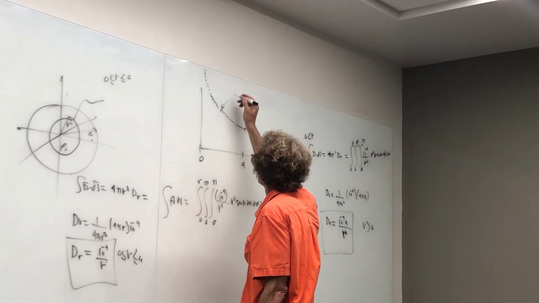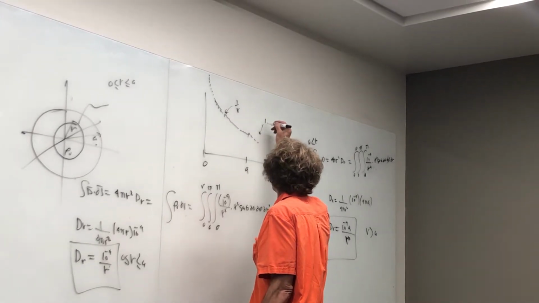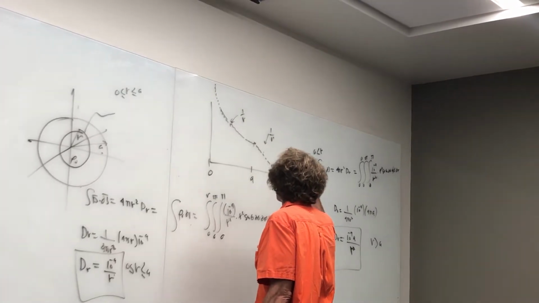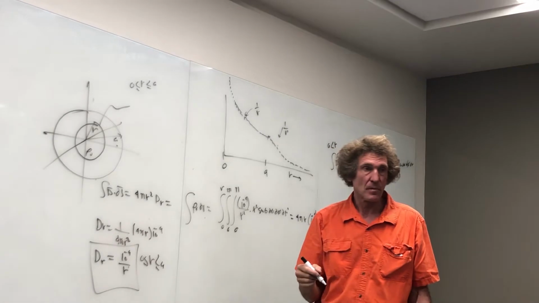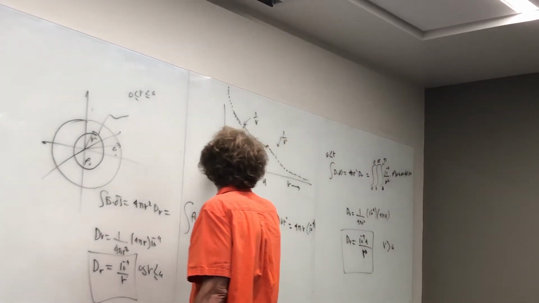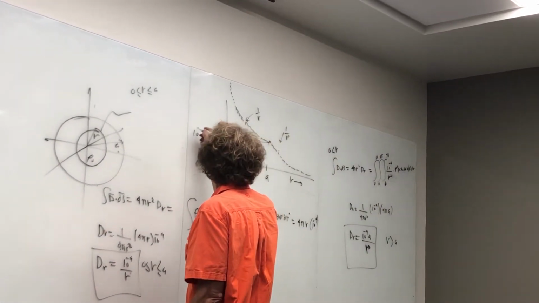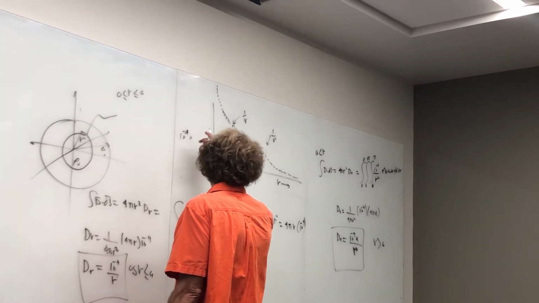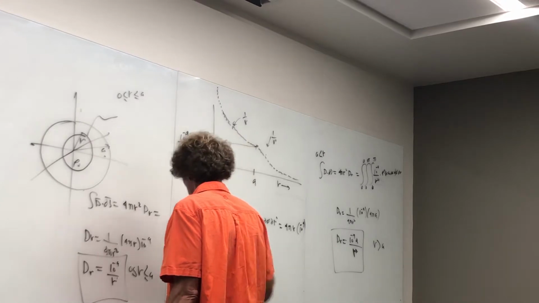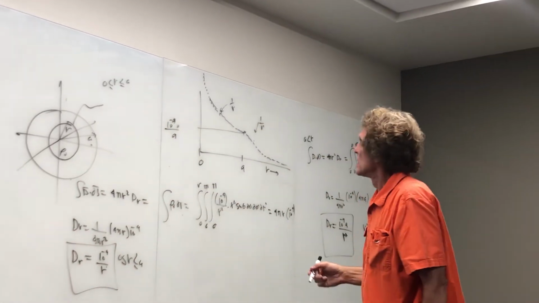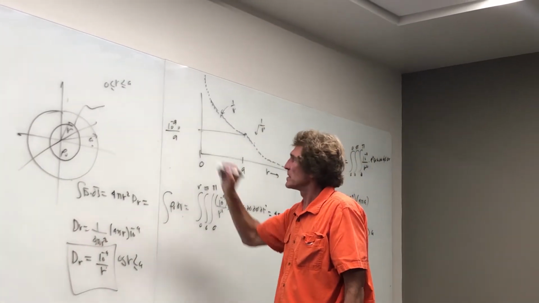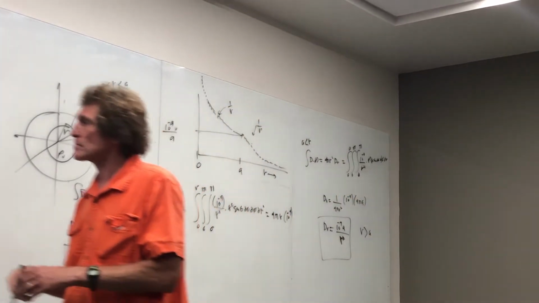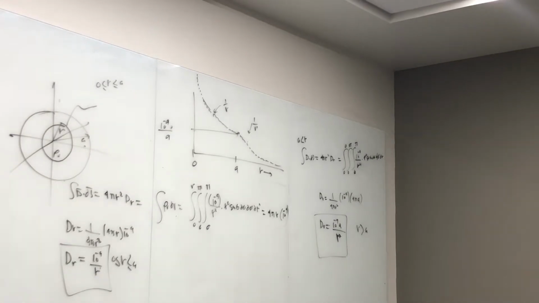This first part is 1 over r, and this will be 1 over r squared, which is a little more appreciable fall. Something like that. And the value right at a would be 10 to the minus 9th over a, and that would be the value of D. Follow me? All right. Wasn't meant to be hard. Any questions at all? That's 3.